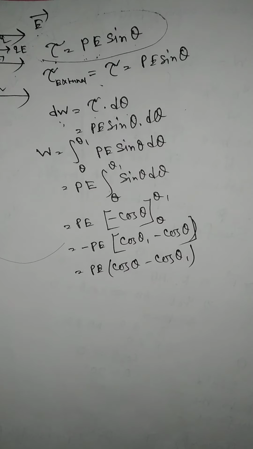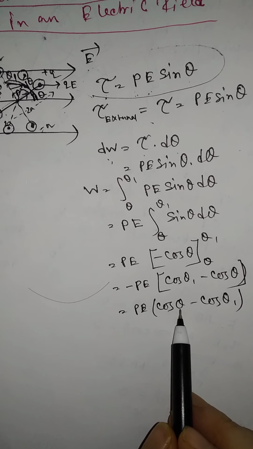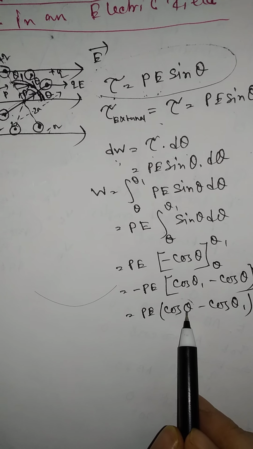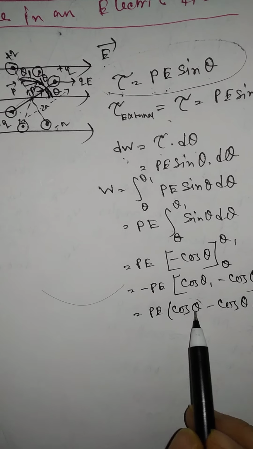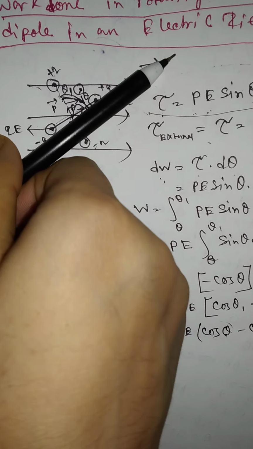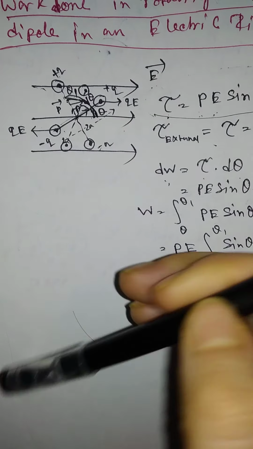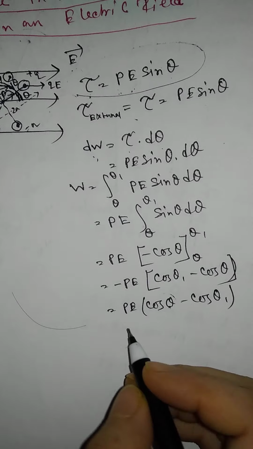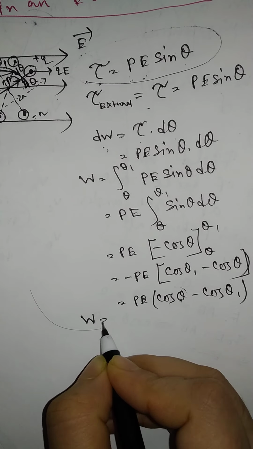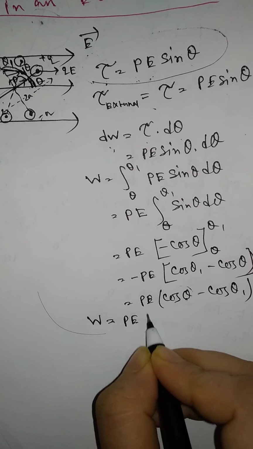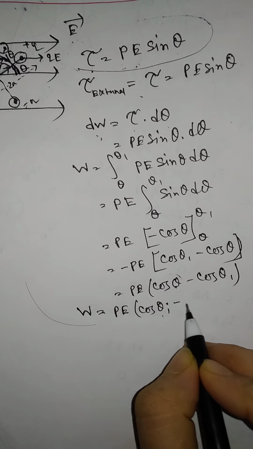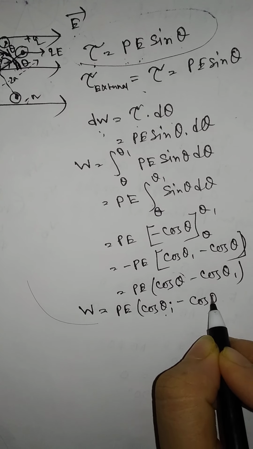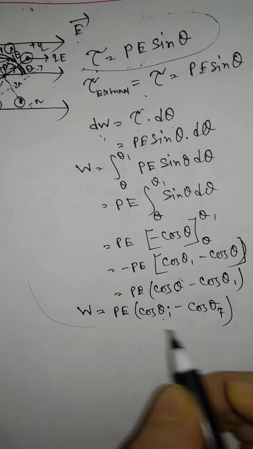You can see here, we can also say this is the initial angle of the dipole, because theta is the initial position of this dipole, right? That means we can also write W equals pE, cos theta I, that means the initial angle, minus cos theta F, the final angle.